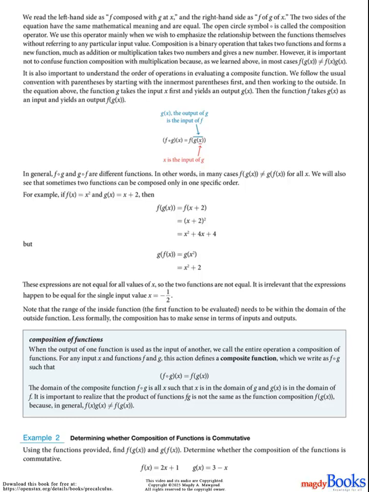But g(f(x)) = g(x²) = x² + 2. These expressions are not equal for all values of x, so the two functions are not equal. It is irrelevant that the expressions happen to be equal for the single input value x = −1/2.